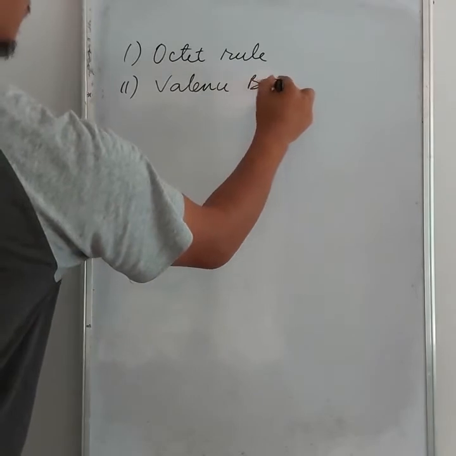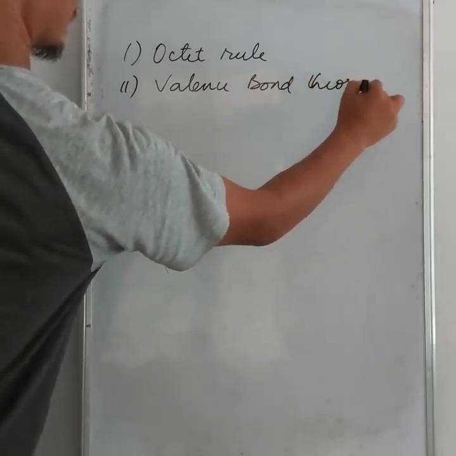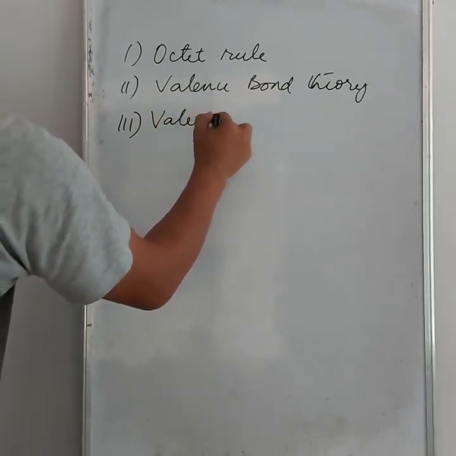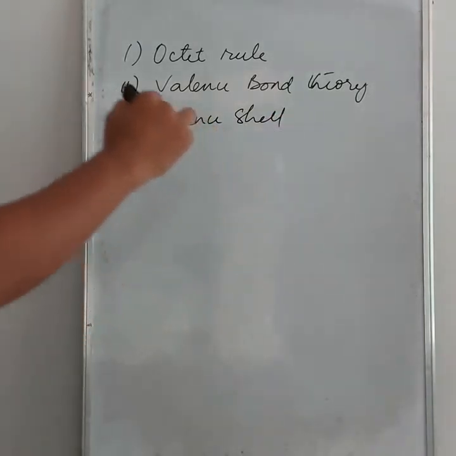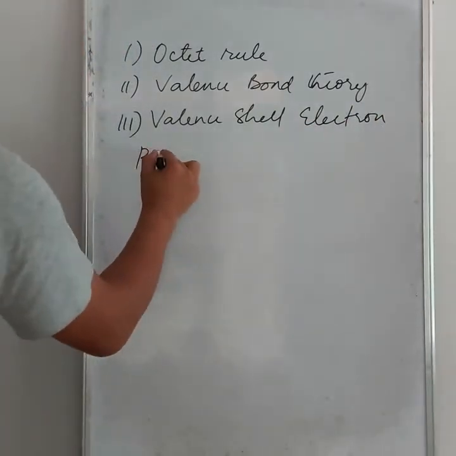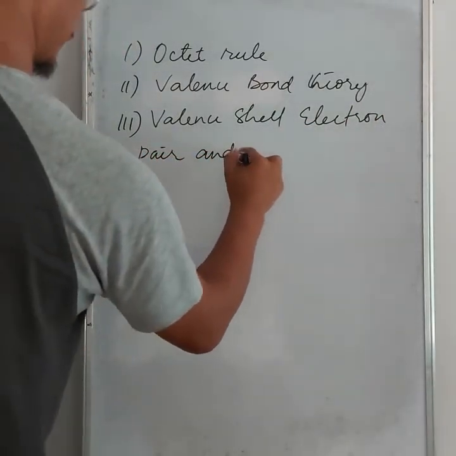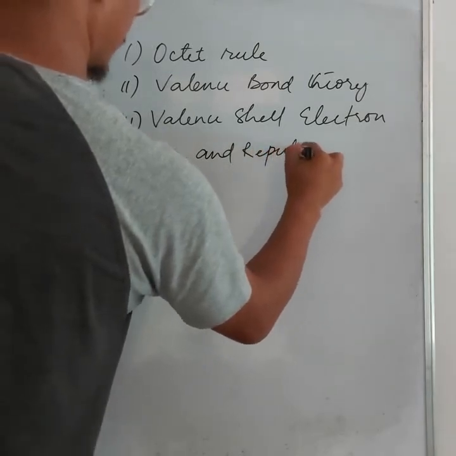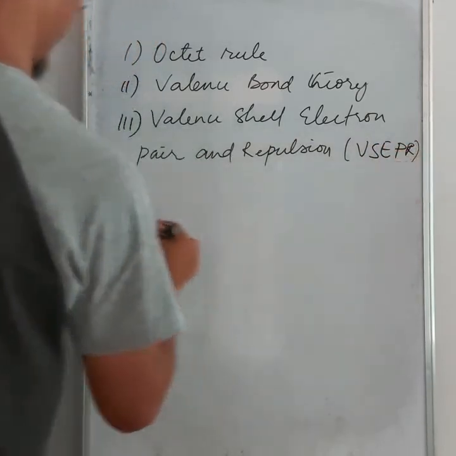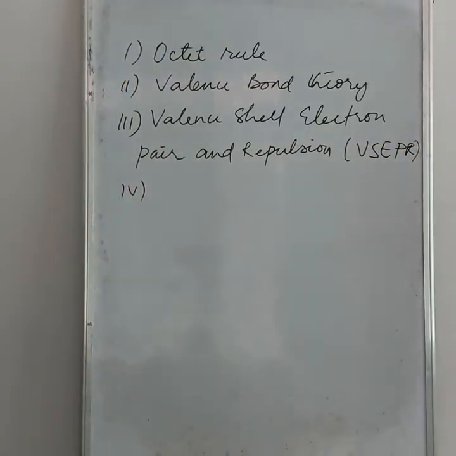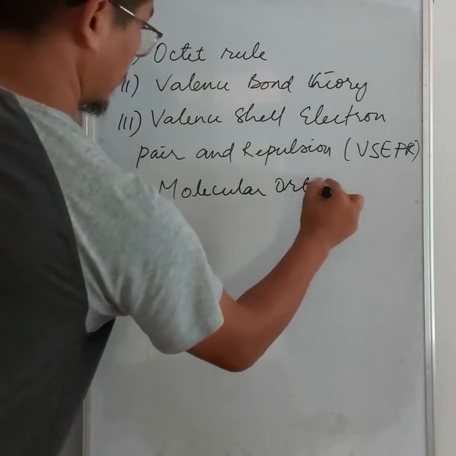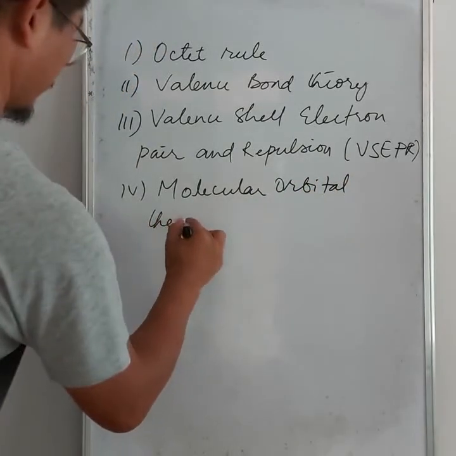The third one is the valence shell electron pair repulsion theory, and the fourth one is the molecular orbital theory.